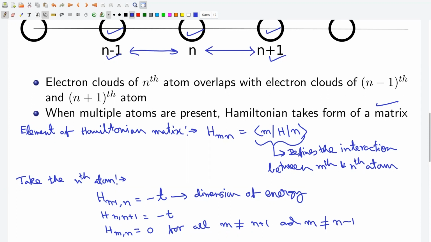If there is no interaction, those terms will be 0, and if there is some interaction between two atoms, those terms will be equal to -T.